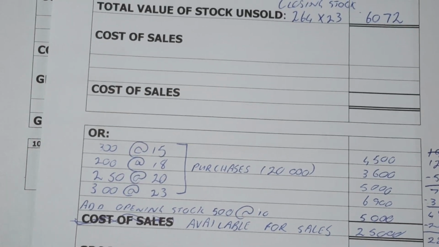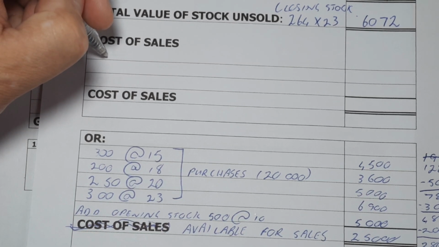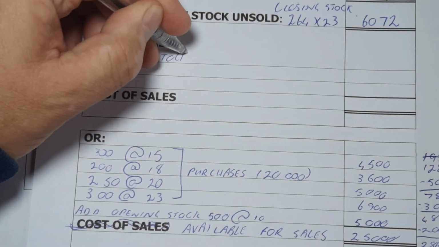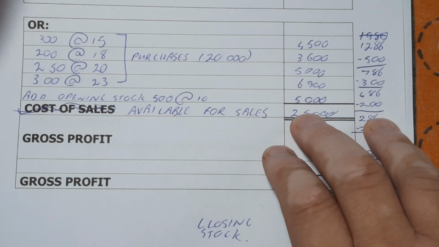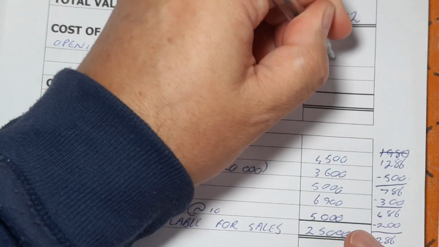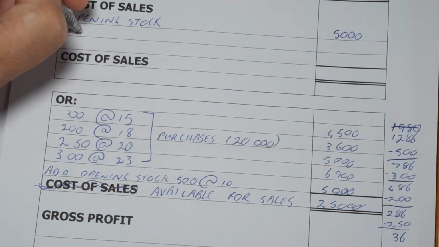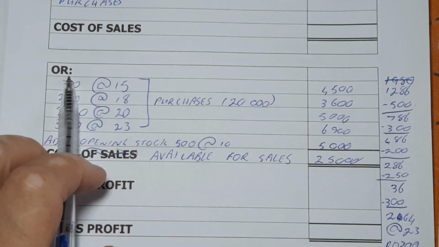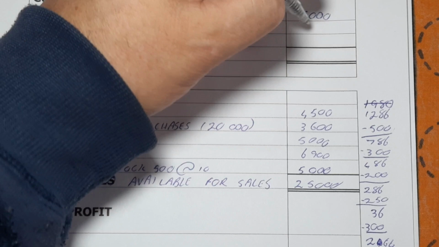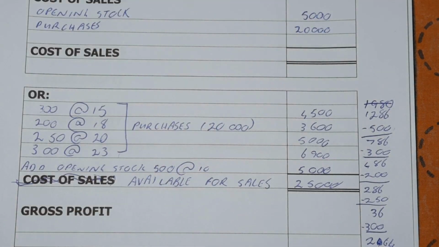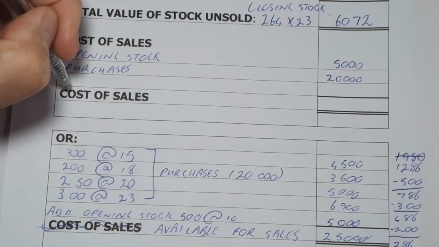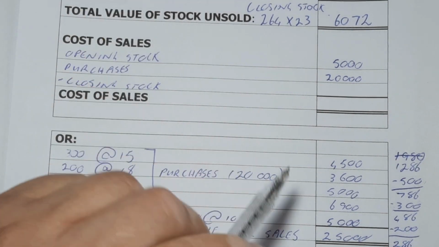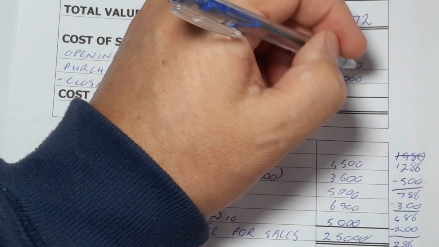Okay, cost of sales. Cost of sales, we usually work out as our opening stock. In this case, our opening stock was 5,000. Our purchases, we worked out, here's all our purchases of 20,000. Minus our closing stock, which we worked out as 6,072.